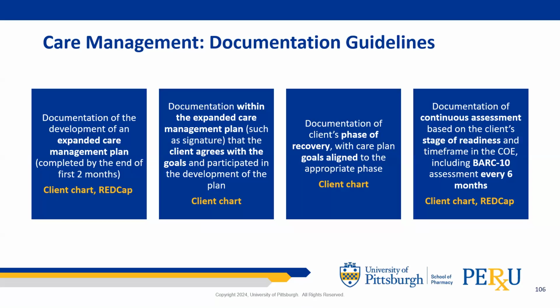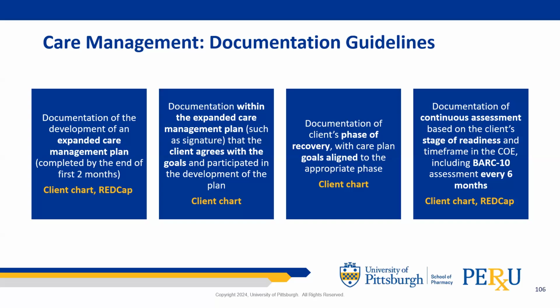In the previous sections, we discussed the documentation requirements for COE enrollment and initial assessment. Following enrollment and initial assessment, subsequent care management visit notes should include documentation of the development of an expanded care management plan completed by the end of first 2 months, documentation within the expanded care management plan, such as a signature that the client agrees with the goals and participated in the development of the plan.